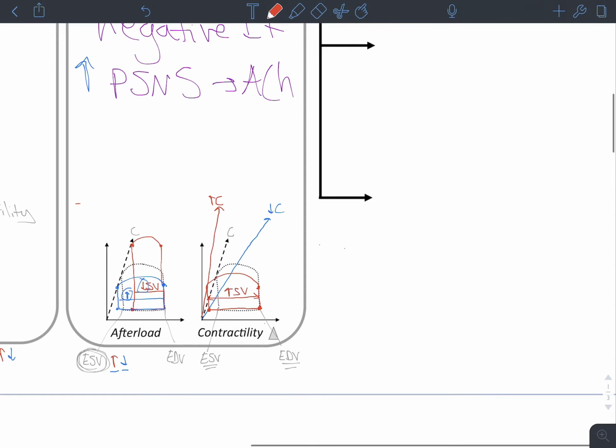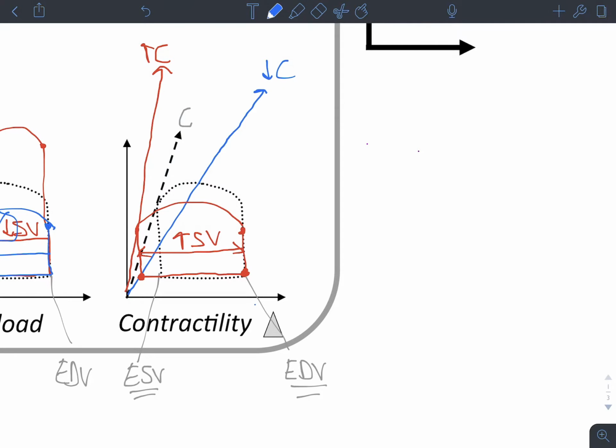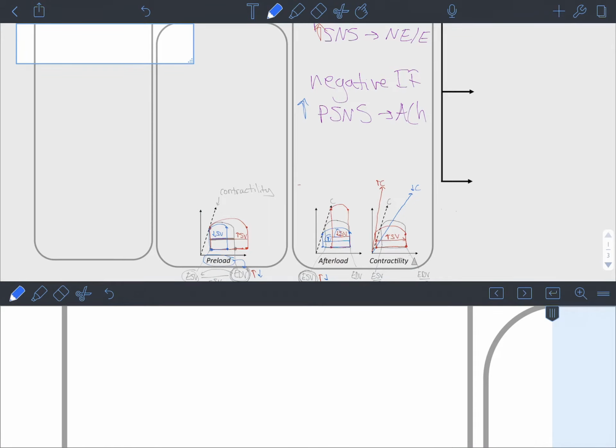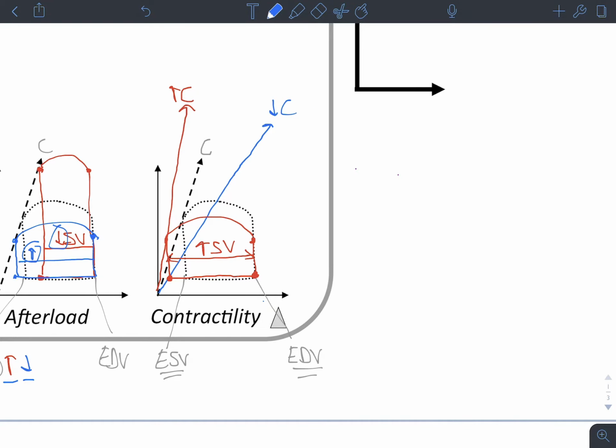Okay, let's think about the opposite now. I'm decreasing contractility. So my ESV is going to increase because I'm decreasing contractility. I'm not as good at moving blood out as I was previously. So ESV has increased. EDV stays the same.